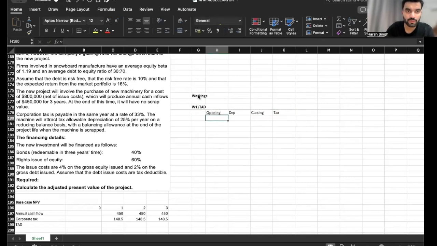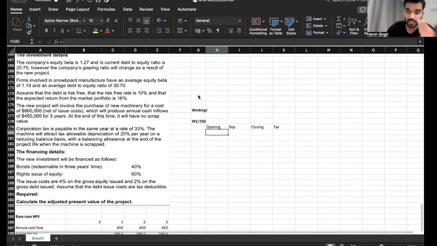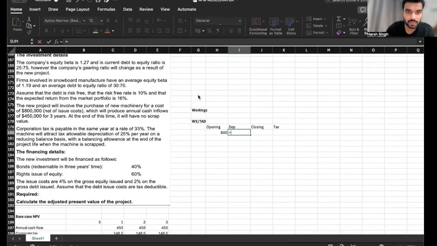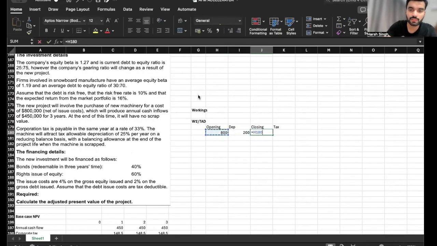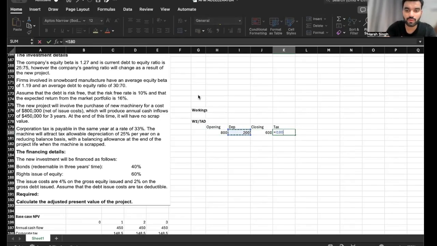What is the opening value, everyone? 800. 800 is the starting value. Depreciation will be this amount multiplied by 25%. Closing will be this amount minus this amount. What is the tax? This amount multiplied by 33%.